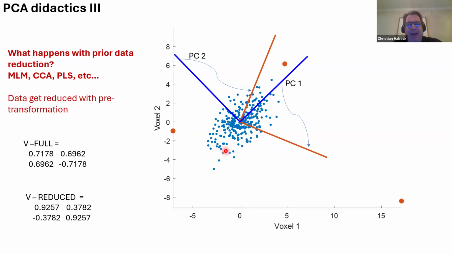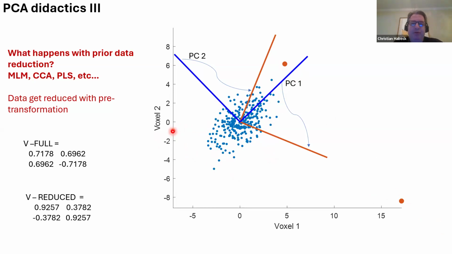So imagine I somehow pre-transform, compute a correlational image, imagine these were 3 cognitive tasks, and I take the percentage accuracy as my seed and compute a correlation image. And now, rather than 300 images, I now have 3. And I scaled them just to make it really obvious. So my 300 data points now collapsed into 3. And now I'm doing PCA on 3 data points.